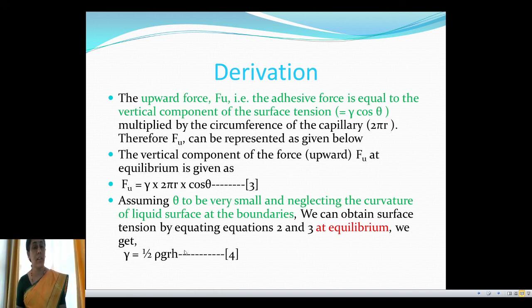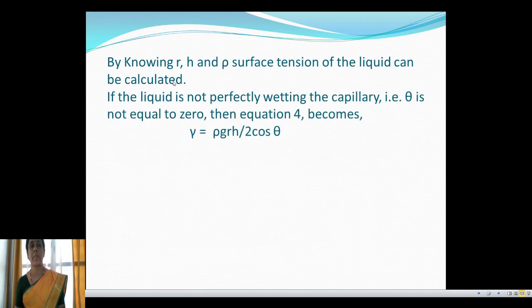As theta is very small, and neglecting the curvature of the liquid surface at the boundaries, we can obtain surface tension by equating equations 2 and 3. We get gamma equal to 1 by 2 rho g r into h. Thus, by knowing r, h and rho, the surface tension of the liquid can be calculated.